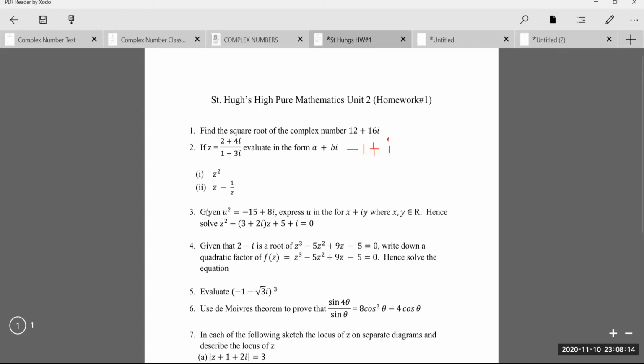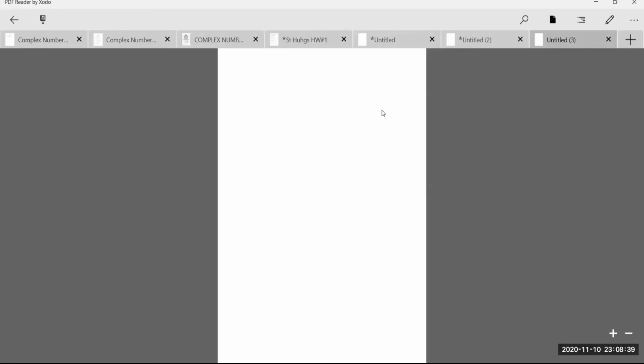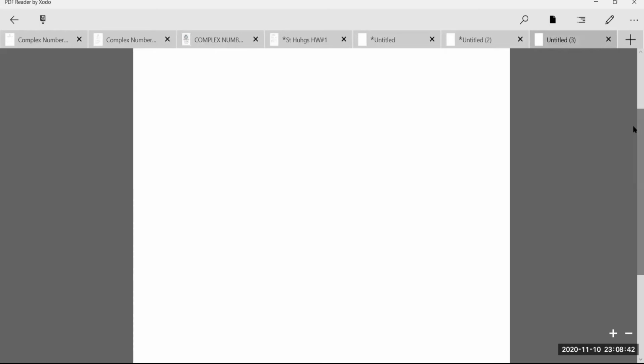Question 3 says, given u squared. Can I copy this question? Let me see. It pastes correctly if the question was typed in a PDF writer, but if it was typed in Microsoft Word, it's not going to copy correctly.